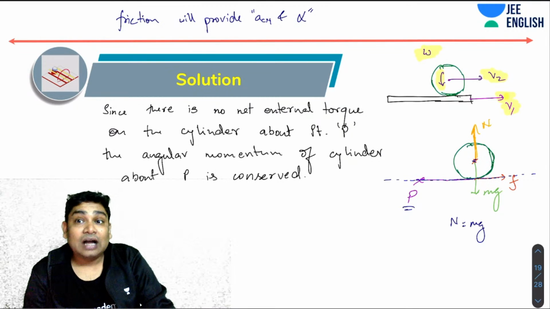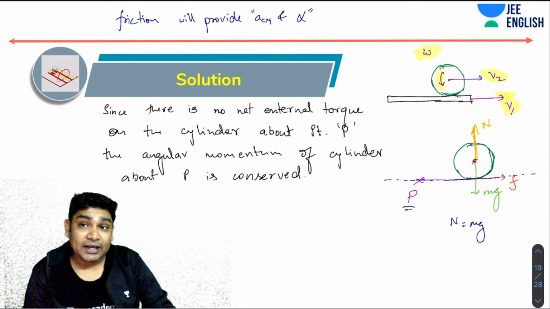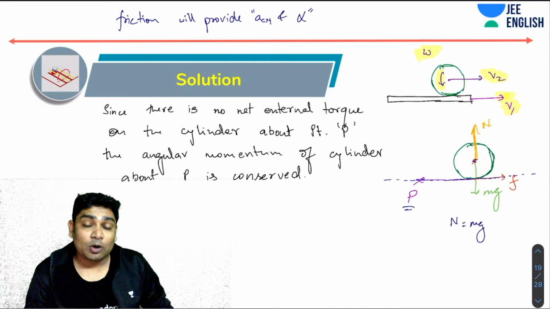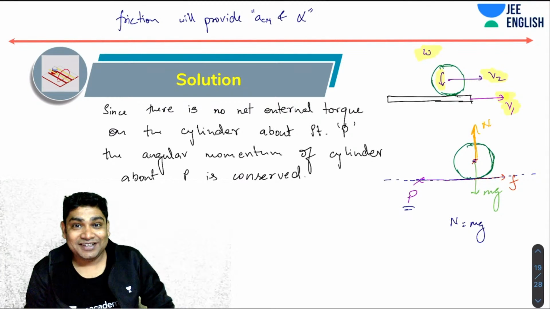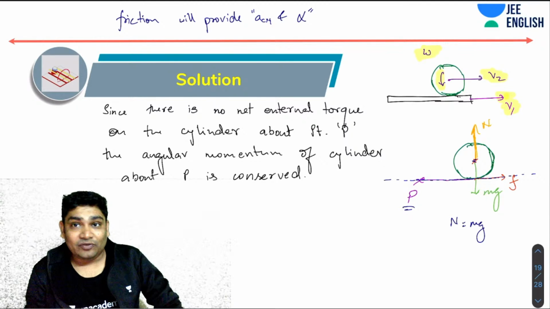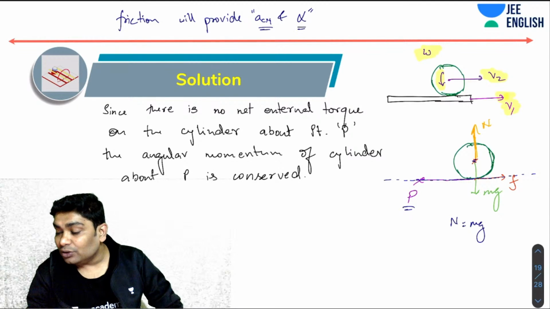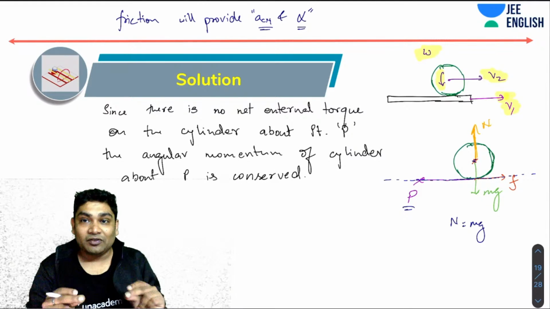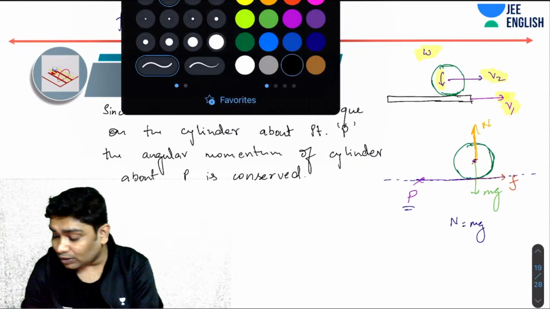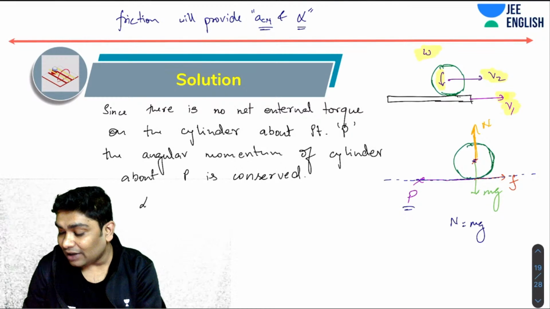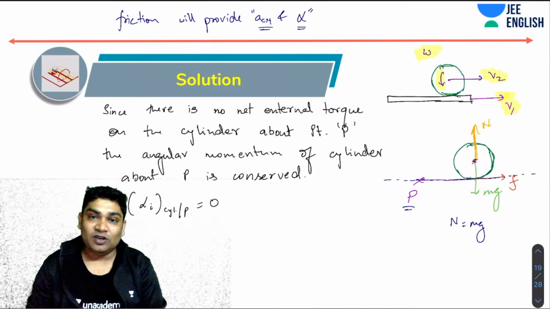However, whatever it is, about P no torque is coming, no net torque about P. So the angular momentum about P will remain conserved. That is my argument. So without having to calculate these values, I will quickly find a relation between v2 and omega. Initially, what was the angular momentum? The initial angular momentum of the cylinder with respect to P was zero. Why? Cylinder was at rest.